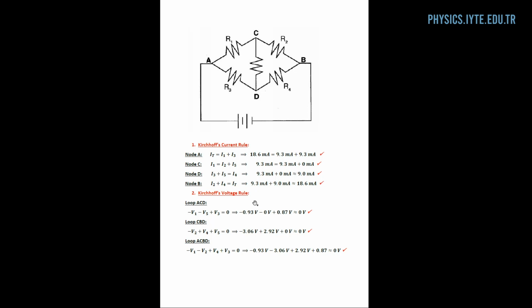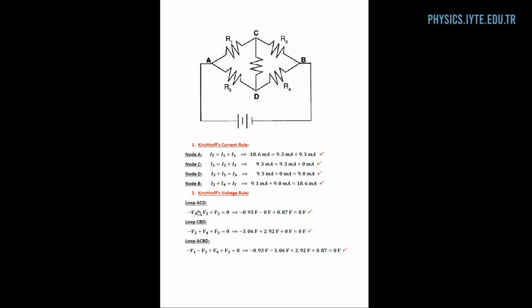When we apply Kirchhoff's voltage rule, we should sum the voltage drops around a closed loop. When we consider the loop A, C, D, A, we see that the voltage drop from A to C is V1, and the voltage drop from C to D is V5, and from D to A we see a voltage rise, which is V3.